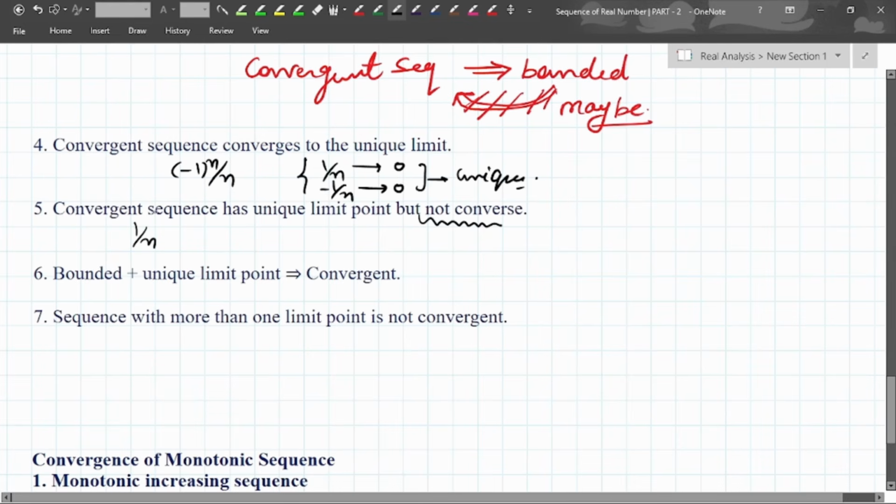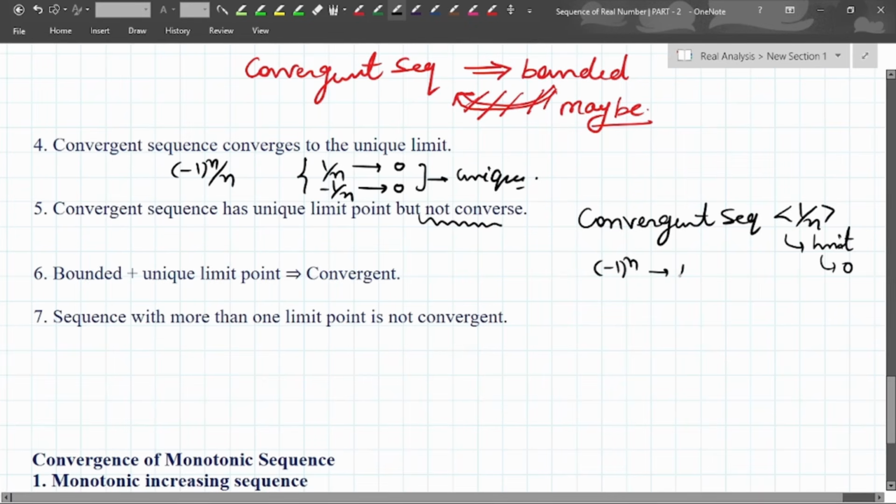It is 0. Since 1 by n is a convergent sequence, it has a unique limit point, which is 0. But if it is minus 1 power n, it does not have a unique limit point. It means it is not convergent.